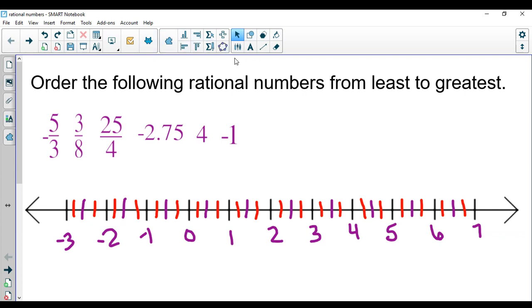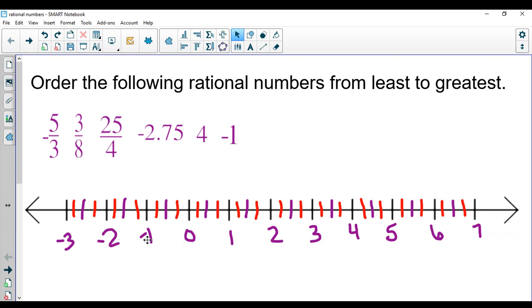So what we're going to do is look at how to put these numbers in order from small to big. And to do that, I'm going to use the number line that you see drawn on your screen. The number line is broken up into different sections. To the left of 0, we are counting away from 0.